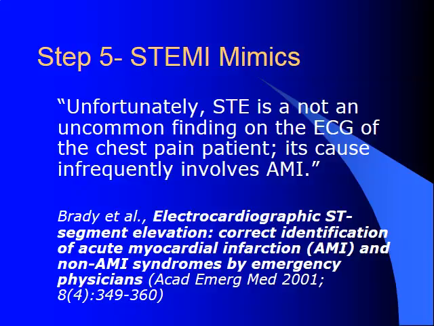Okay, so moving on to step 5, and we'll get into this. We actually have a pretty significant lecture talking about STEMI mimics. The reason for this is that ST elevation is not a very uncommon finding on the ECG of the chest pain patient. It's very infrequently an acute myocardial infarction.